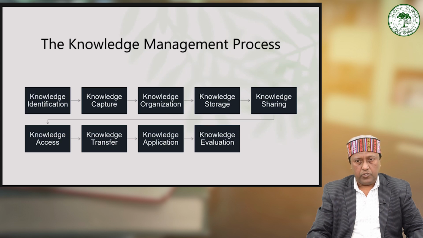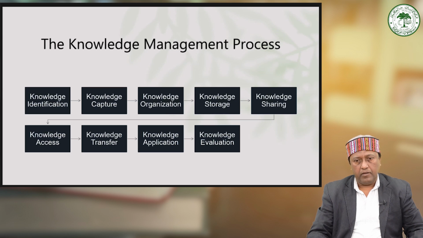Basically, this KM process, or knowledge management process, involves a systematic approach to identifying, capturing, organizing, storing, sharing, and leveraging knowledge assets within an organization. This process aims to enhance organizational learning, foster innovation, improve decision making, and ultimately drive performance and competitiveness.